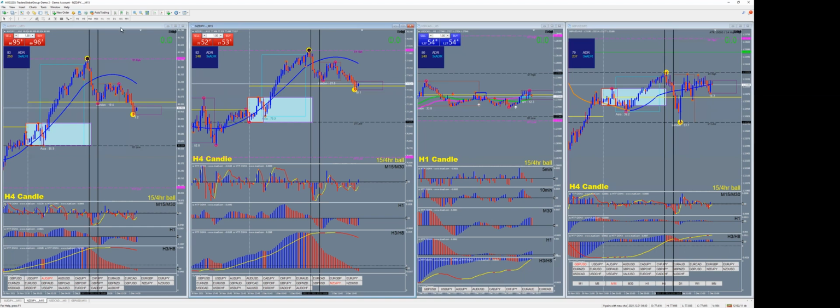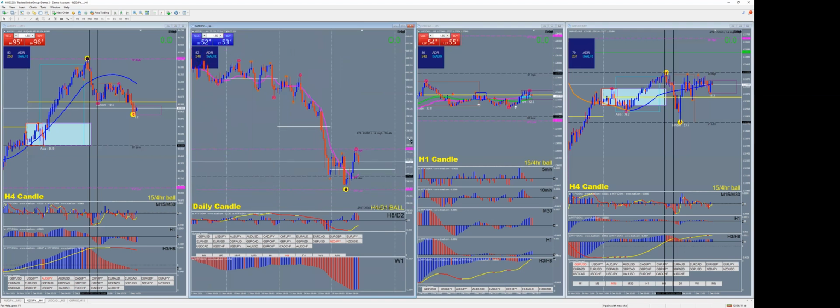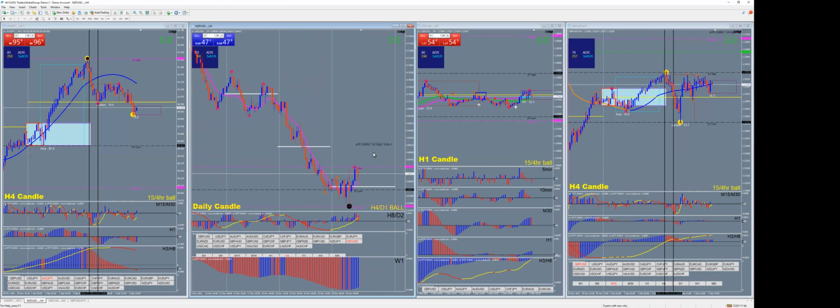Back to the 4-hour. New Zealand dollar, same thing, short. Everything is retracing. It looks like everything is in a 2-ball retracement.